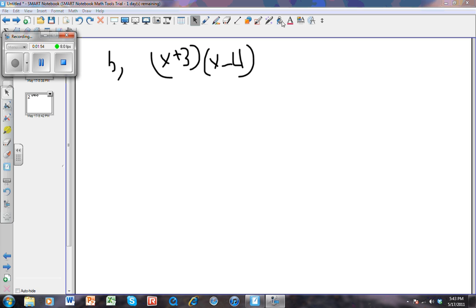Okay, so B, which is y plus 3 and y minus 4. So we're going to expand this. By expanding it, we're going to do y times y, y times negative 4, 3 times y, and 3 times negative 4. So then I'm going to write this out.